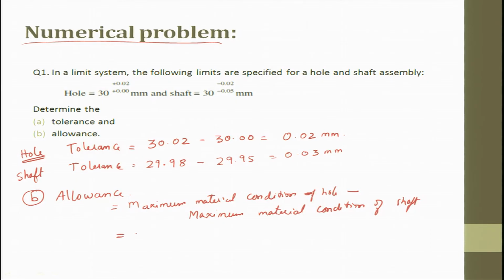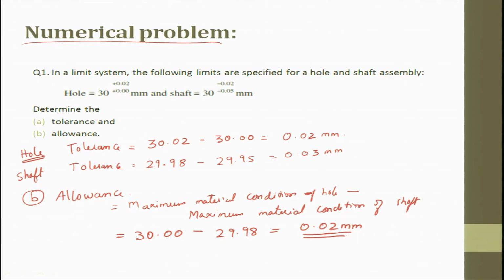This is nothing but 30.00 minus 29.98, which is 0.02 millimeter. This is the allowance.